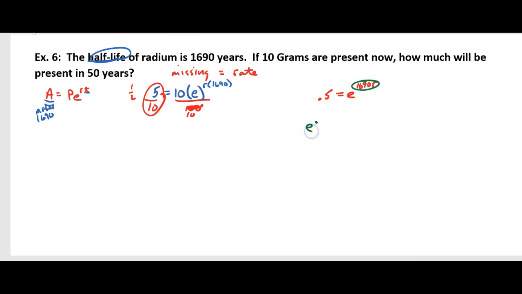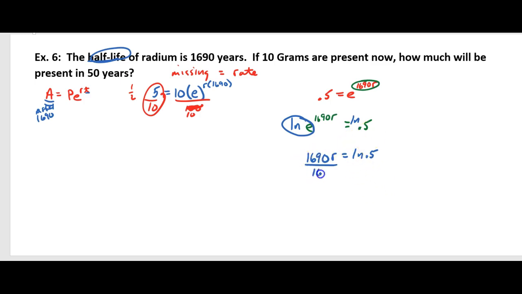What's the inverse operation of e to the 1690r? If I take the natural log of this side, and the natural log of this side, it basically wipes each other out and leaves me with 1690r equals the natural log of 0.5.